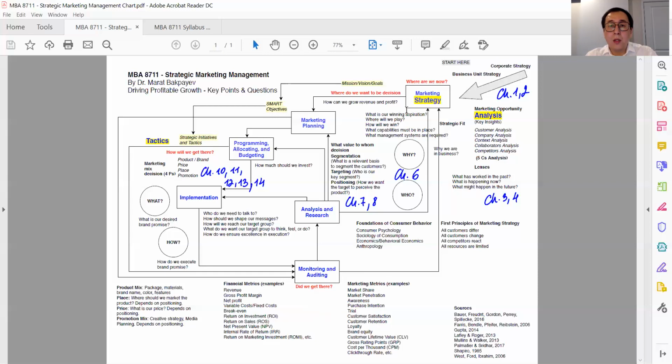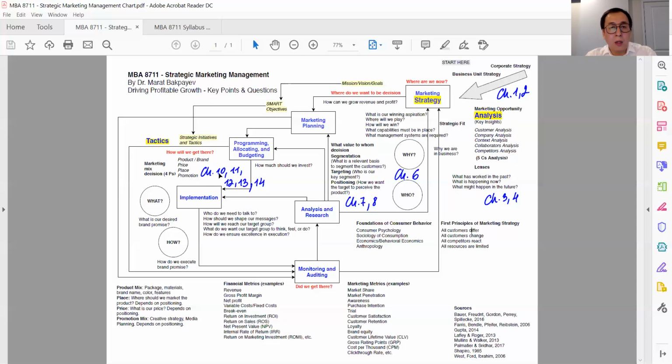So now, looking into defining the fit, and then identifying why you're in this business and who your target audience is, you're moving forward and developing your marketing planning. And after this, you're going forward into the programming, allocation, and budgeting. That's where the core of the 4Ps, or marketing mix decisions, happens. So we're deciding on products and brands, we're deciding on pricing, we're deciding on place, and we're deciding on promotion.